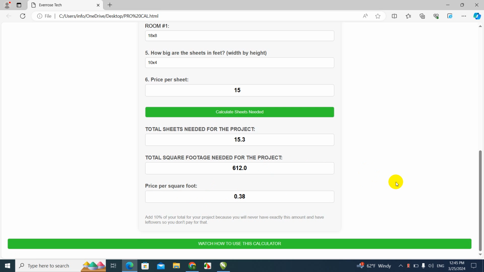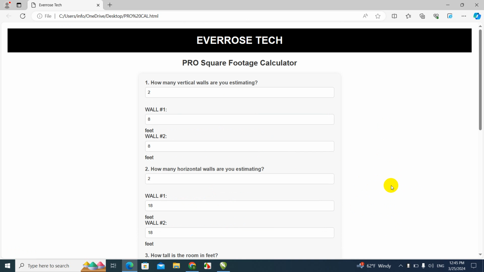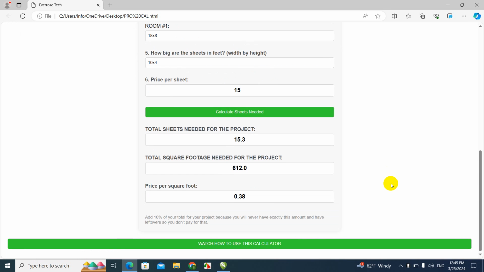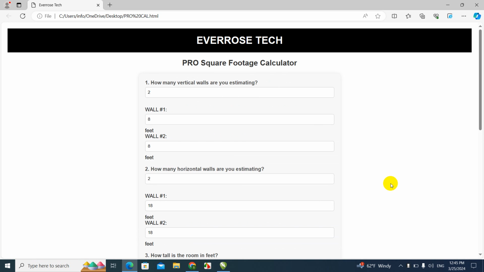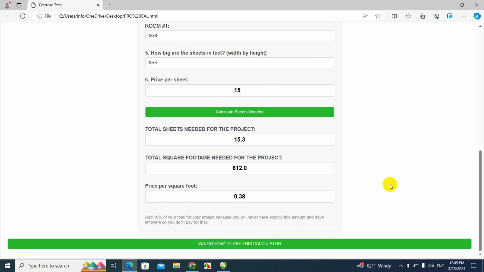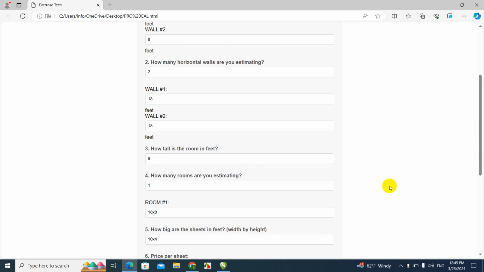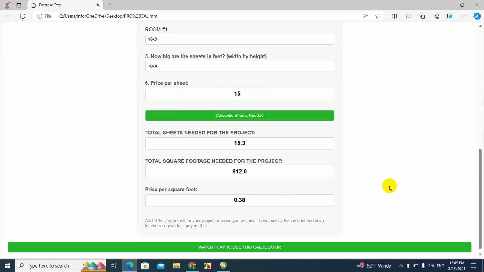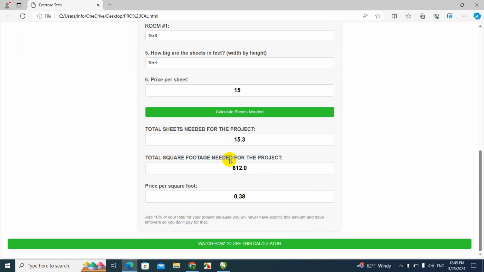However, this calculator is only to find out the measurements that you saw and how much you are investing in your project. This is not to calculate or estimate your project. That is your thing to do, to find out, because every place is different, every state is different. You find out your prices or what else you want to add. This just helps you get all the sheets that you're gonna need and the square footage for the entire project.